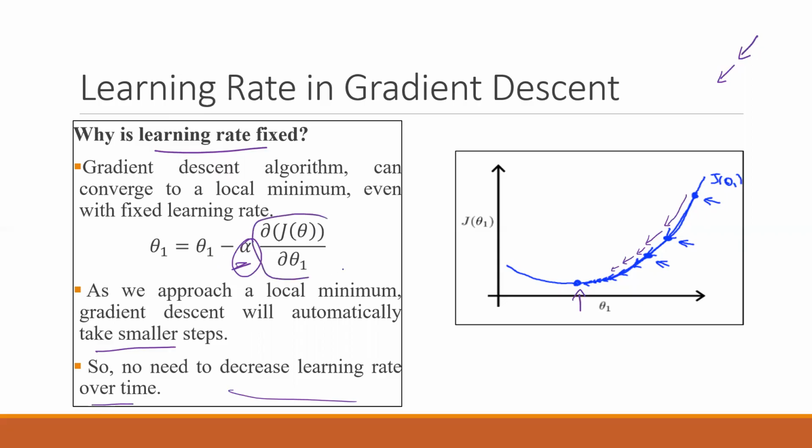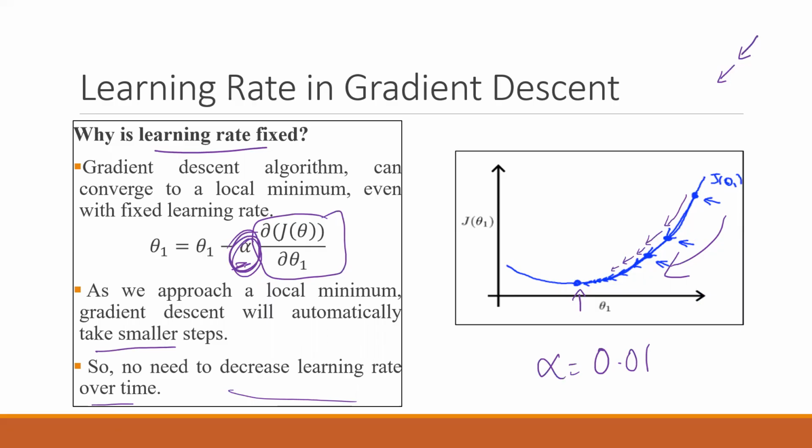Because you are finding the slope, and because that slope is changing every time you move this side, even if you keep this alpha as a constant, let's say it is kept as 0.01, because my slope is changing every time, overall my step size will become small.